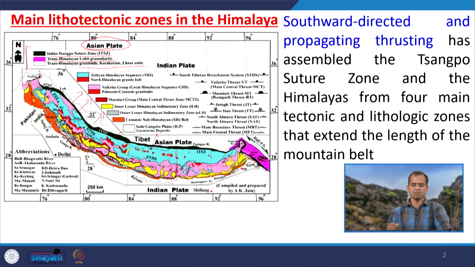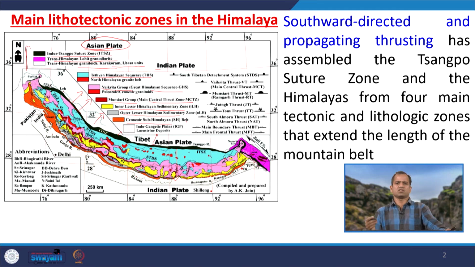And in this Indian plate, mostly you see the Tethyan Himalayan sequence, the Vaikrita group or the greater Himalayan sequence, the Munsiari group or the main central thrust region, then the lesser Himalayan sequence, outer Himalayan sequence, and the sub-Himalayan sequence belt.